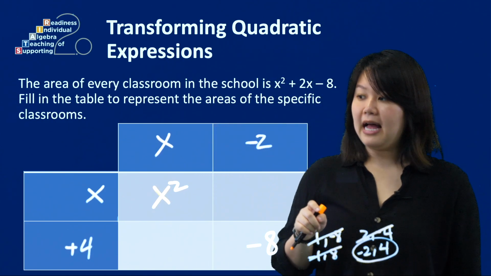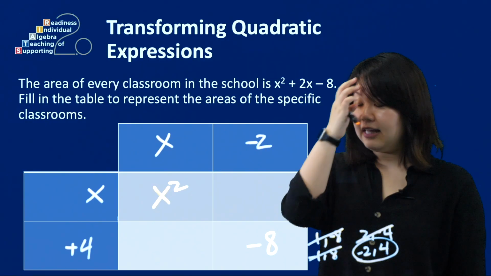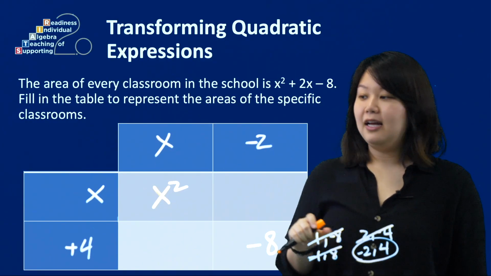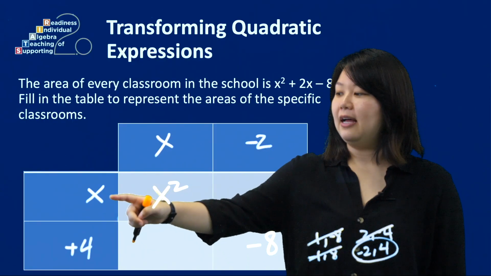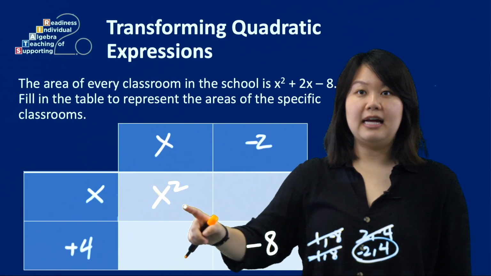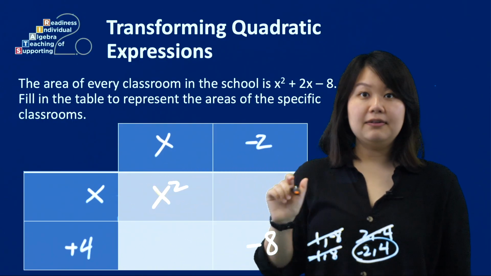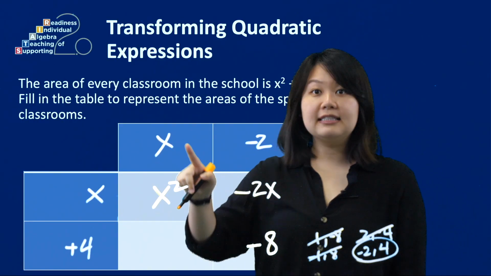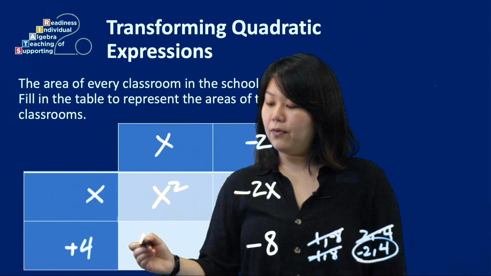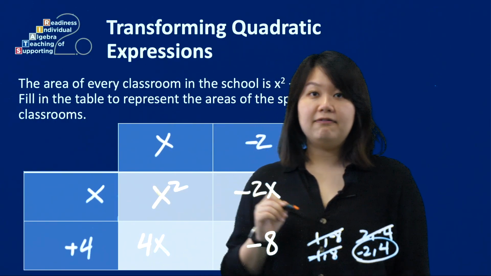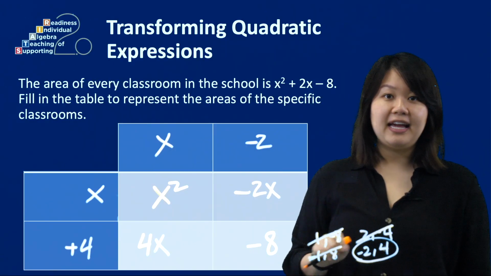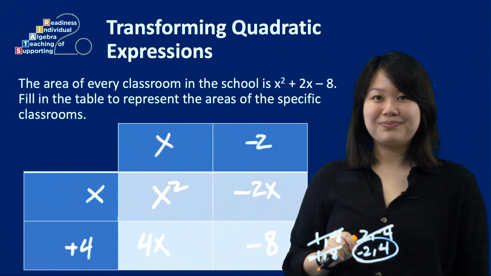So now that we have the factor pair of -8 filled out, I'm going to fill out the rest, which is pretty easy because we know that x times x equals x squared. Now x times -2 is going to be -2x, and x times +4 is going to be 4x. And finally, we can triple check that 4 times -2 is -8, and that is true.